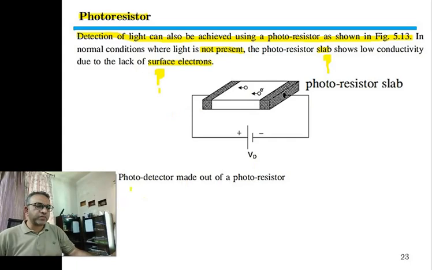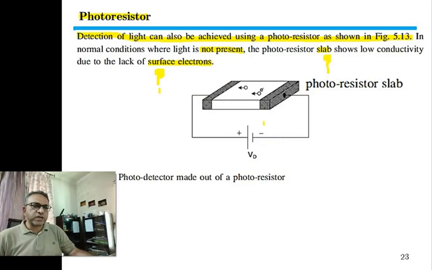In this diagram, diagram 5.13, we see a semiconductor slab. Here is the photoresistor material. These two shaded bars indicate the terminals.